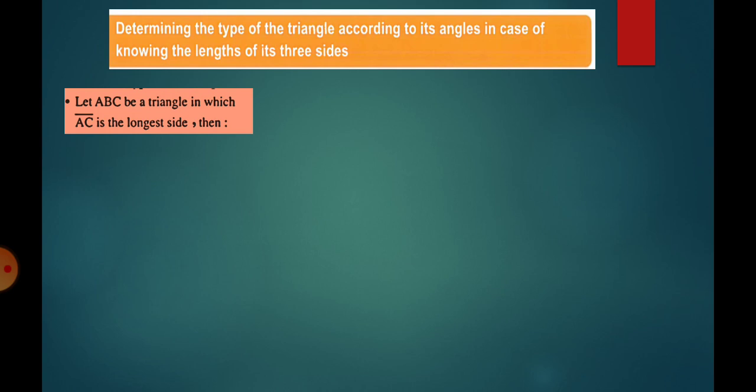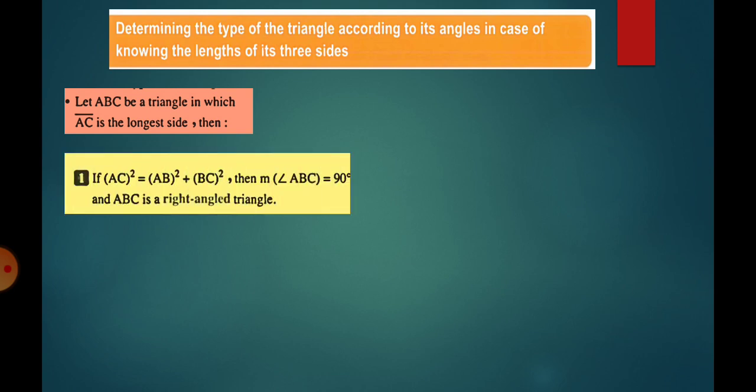Again, to determine the type of the triangle according to its angles, we find the square of the longest side, find the sum of the squares of the two smaller sides, and compare them.